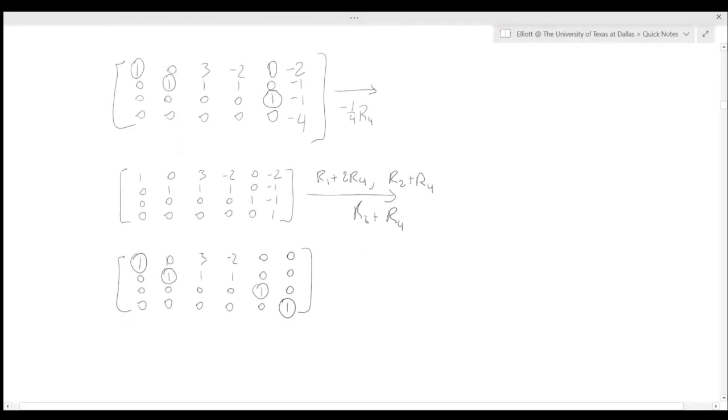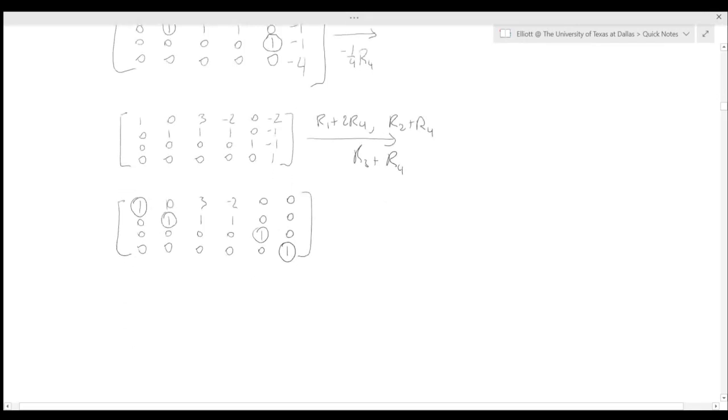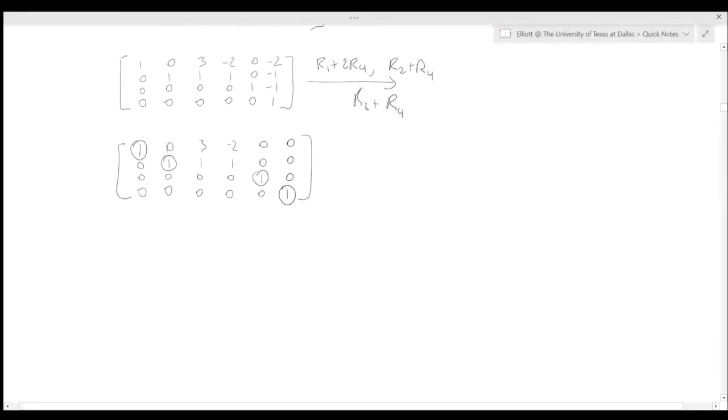Okay, so I wanted you to do just 2 more things, and then I will end my review. All right, so first, let's suppose that I wanted to find the null space of this matrix.